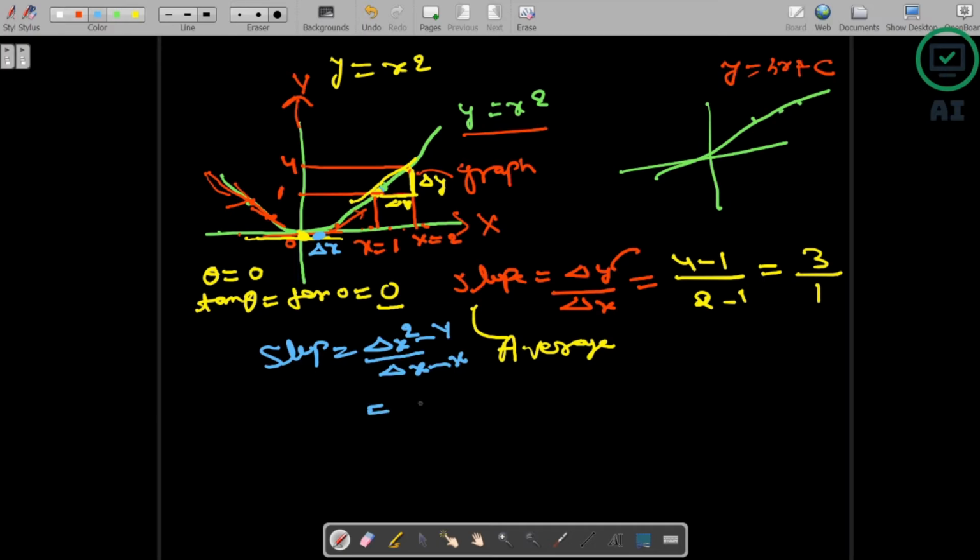So if you cancel it, it will become delta x. So this is the instant slope at 0.